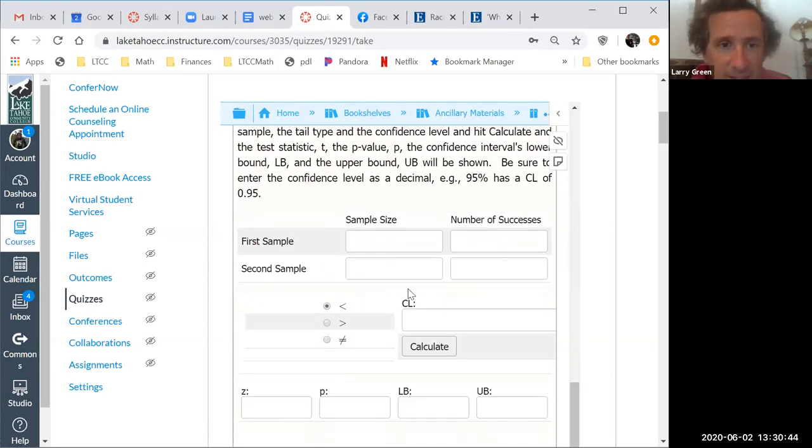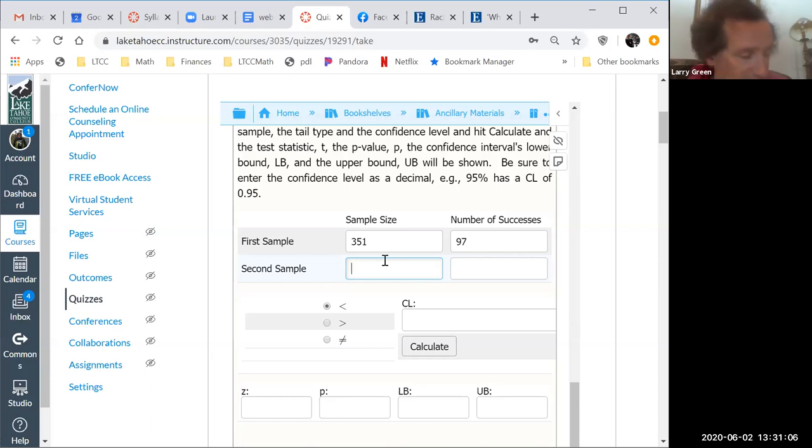My first sample size was 351. The number of successes is 97. I remind you, success does not necessarily have to be a good thing, so be careful about just reading that word. Success just means the number of people who said yes.